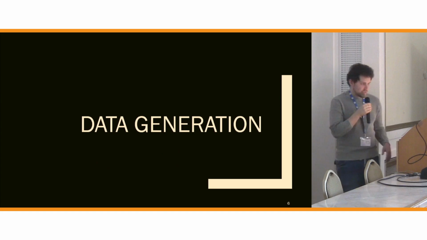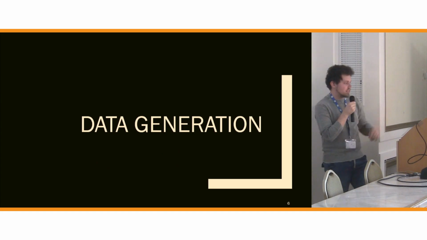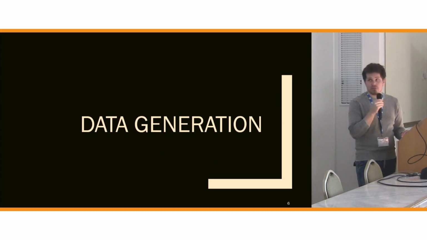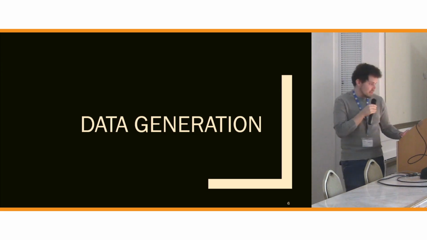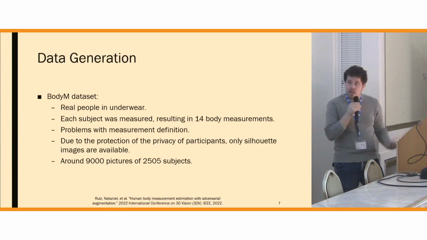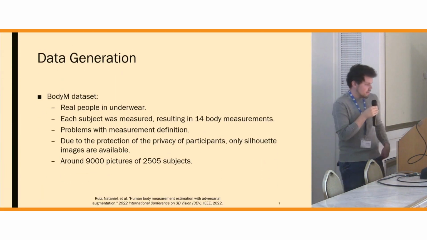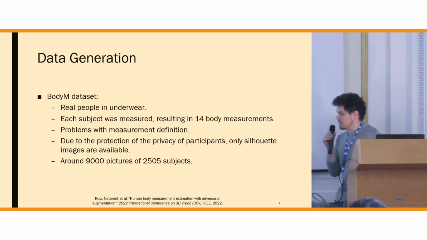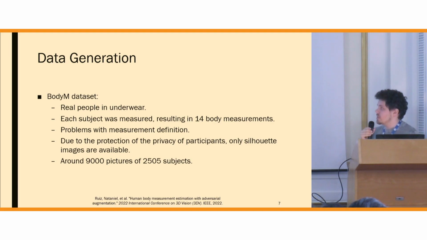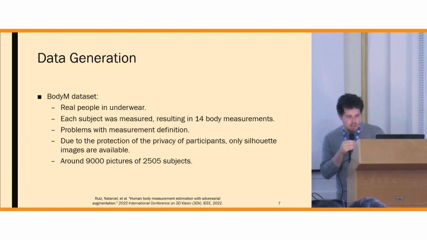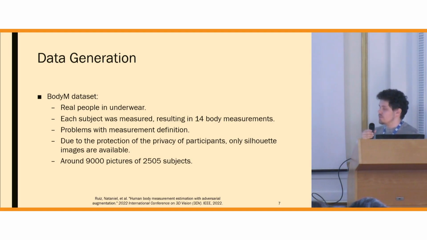So the whole presentation is divided into a few parts, where each part is covering a different part of the proposed pipeline. So we started with data generation. The BodyM dataset is one of a few datasets that captures human bodies of real people. They captured over 2,000 subjects, and for each subject, there are 14 different measurements.